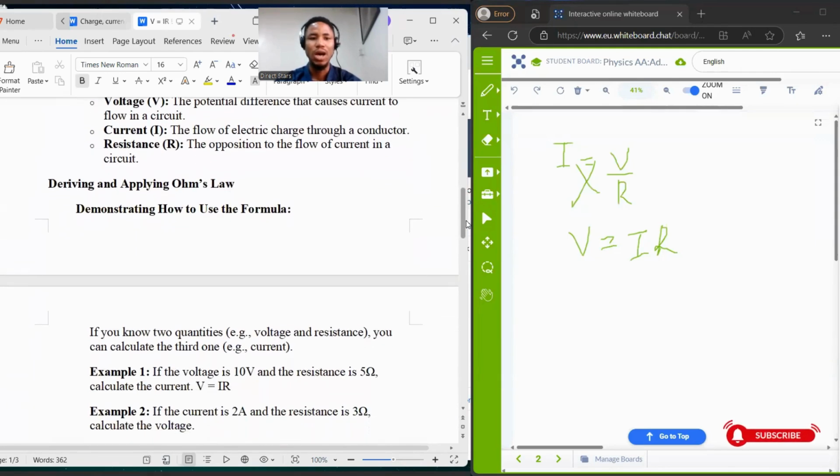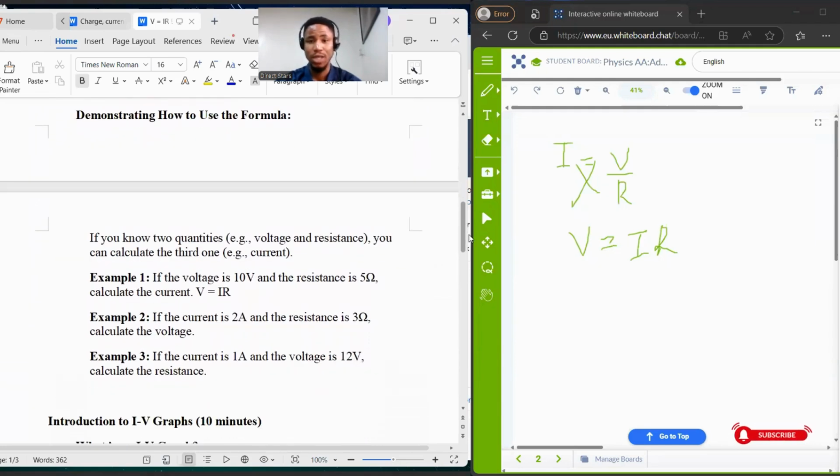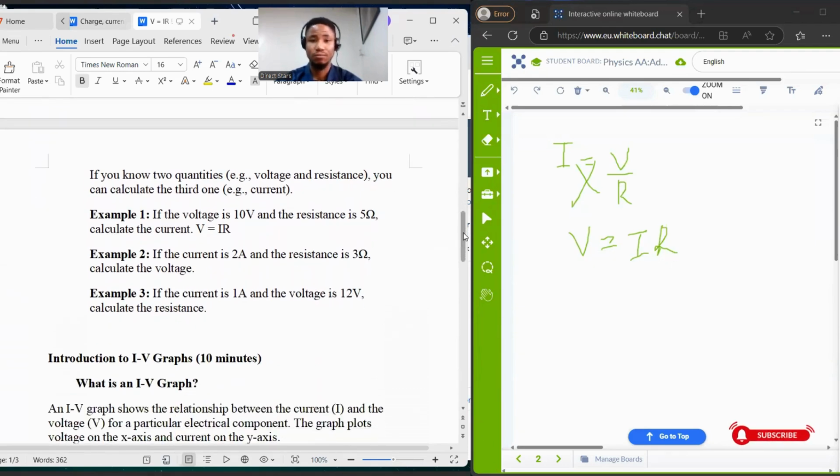So how do we derive Ohm's law? I is directly proportional to V and inversely proportional to R, then we have V equals IR. Let's have some examples using this equation. Example 1: if the voltage is 10 volts and the resistance is 5 ohms, calculate the current.